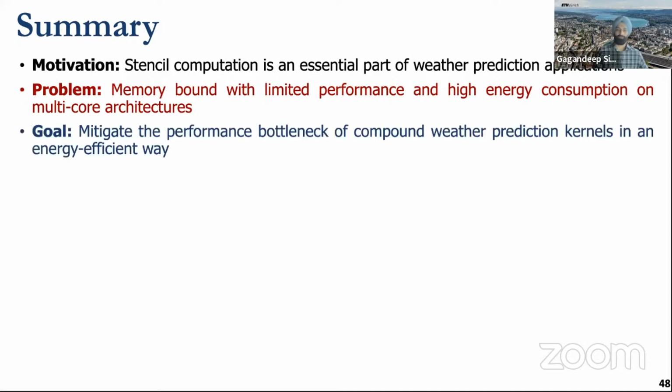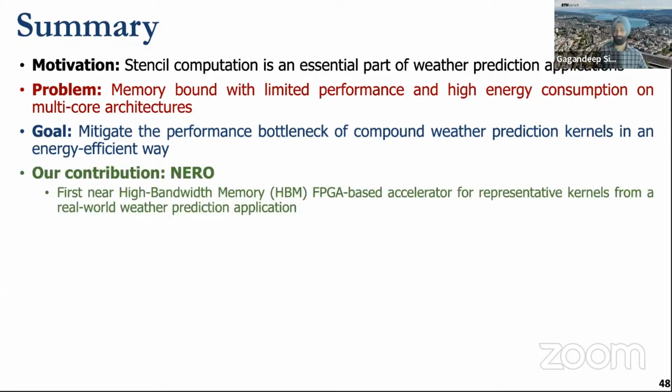So our goal in this work was to mitigate the performance bottleneck of compound weather kernels in an energy efficient way. We contributed NERO, the first HBM-based FPGA accelerator for representative kernels from a real-world weather prediction application. We were the first to study how a commercially available FPGA with HBM performs for a real-world application.